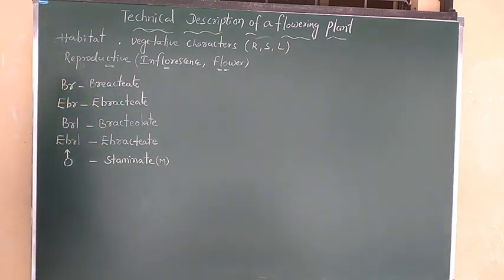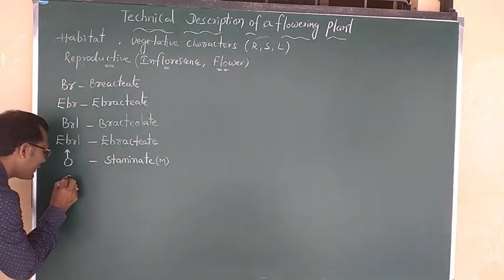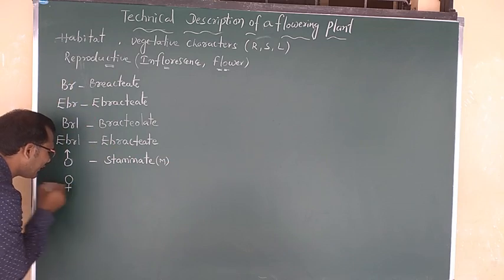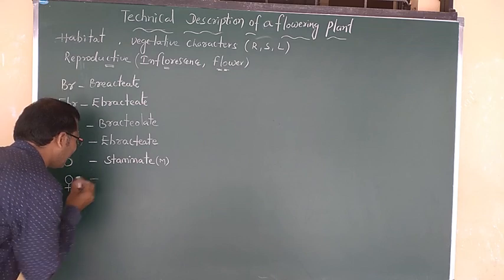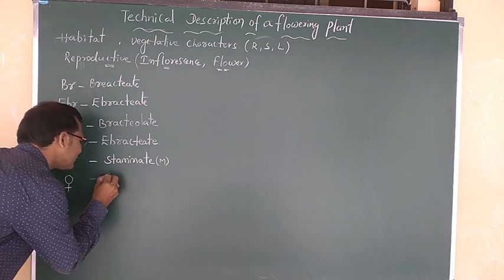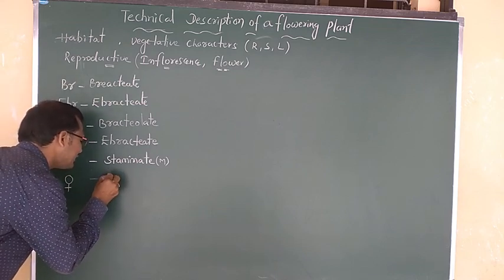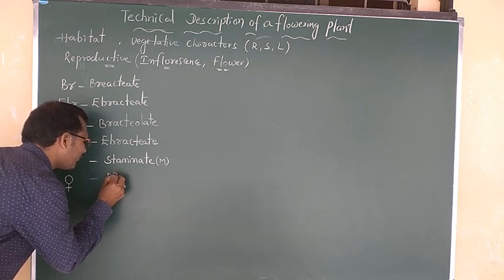Correct? Next, another symbol like this. This we call a female flower, that is a pistillate flower.